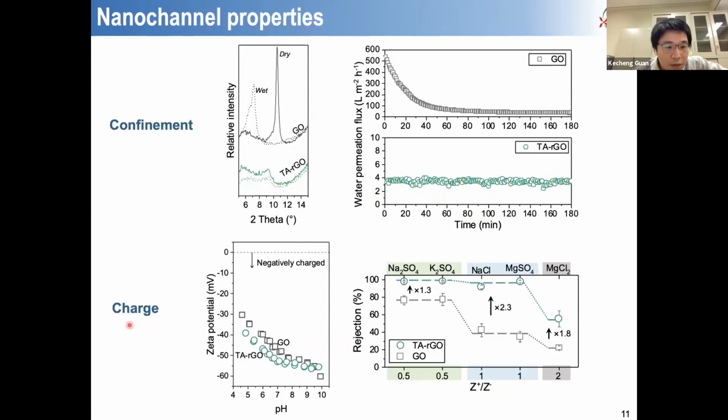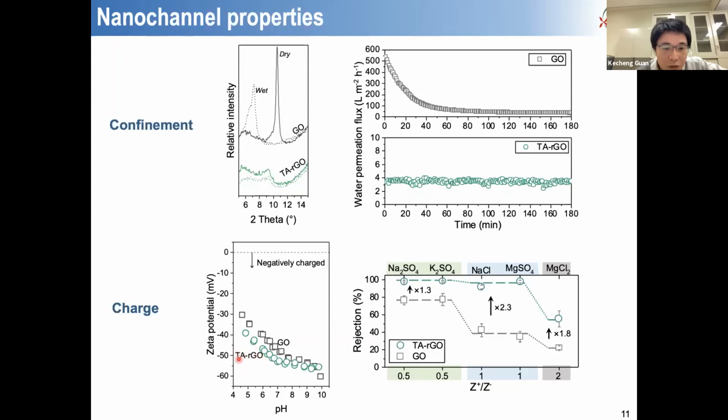And the other point is the charge of the nanochannel. We studied the surface zeta potential of the two types of membranes. Actually, the tannic acid reduced graphene oxide shows a similar zeta potential compared to original graphene oxide. Normally, the RGO membrane should have less negative charge because some of the oxygen groups were reduced.